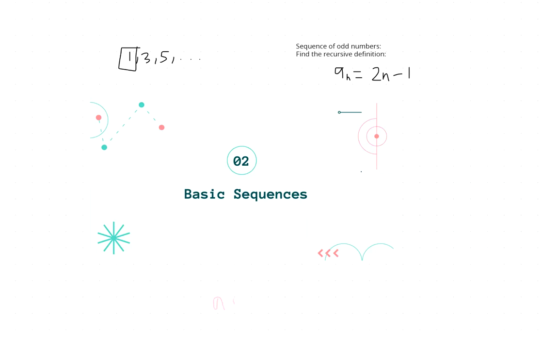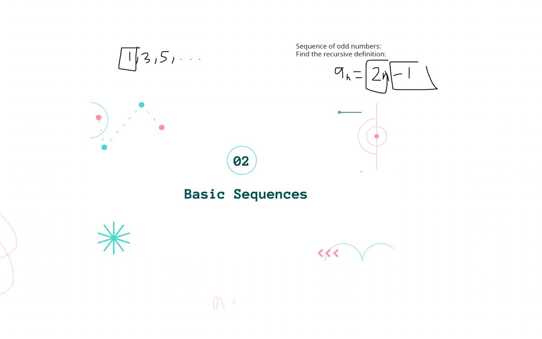We know that the difference between each of the terms is 2, right? That means that as n increases by 1, the whole output is going to increase by 2. So that's why we have the 2n, accounting for our common difference. But we also need to consider the starting term, which in this case is 1.